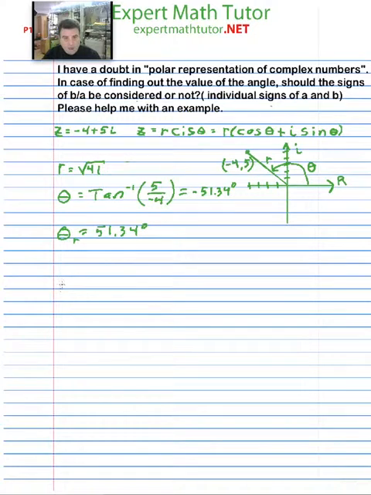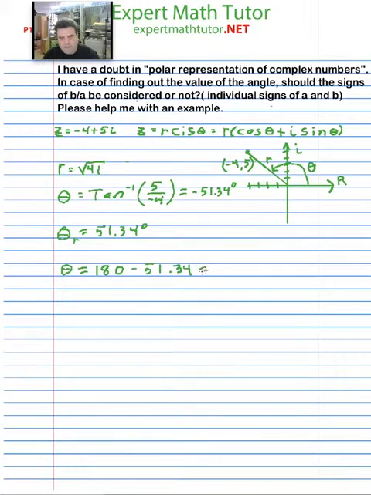So in this problem, finding the polar representation of this complex number, theta is going to be equal to 180 minus 51.34.